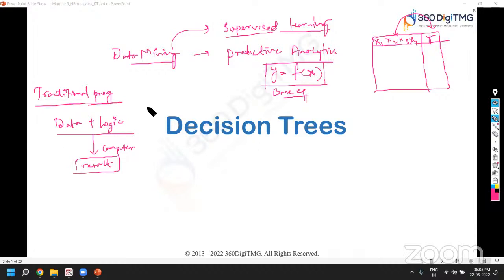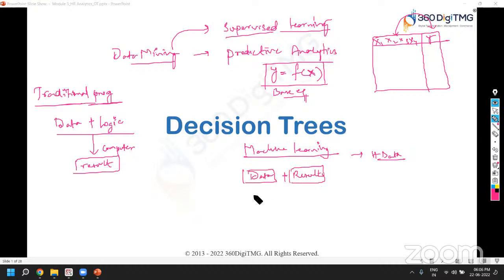But when we talk about analytics or data mining, here we are speaking about machine learning. And when we speak about machine learning, we speak about the data. Because we'll always work with historical data, we also know what the results are, the outcome. So I'll have input, I'll have output, and these two will be passed to the computer.